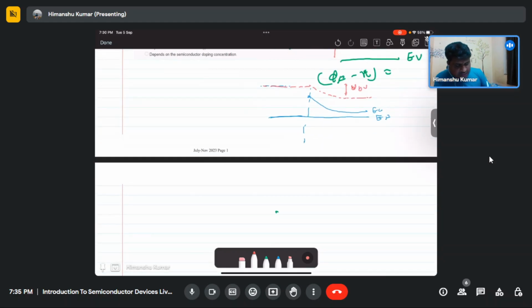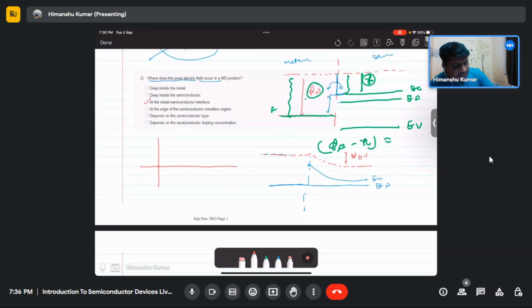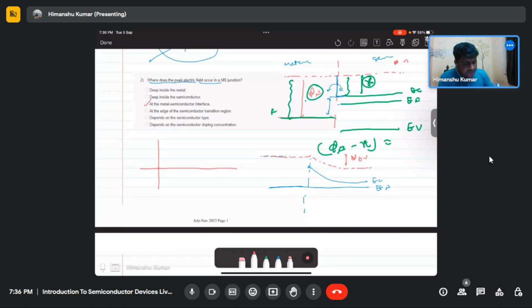Now, if we draw the charge picture, consider this as an n-type semiconductor and this as a metal.